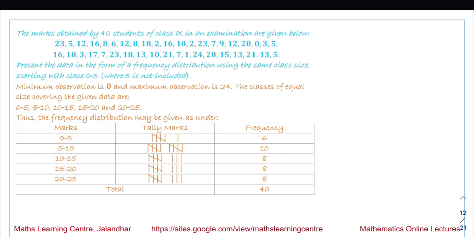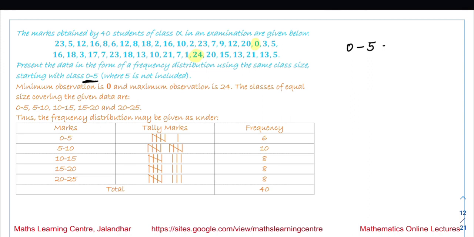The minimum value in this data is 0, and the maximum value of the observations is 24. You can see from this data that the minimum and maximum values are 0 and 24. So the classes of equal size covering the given data start with 0 to 5, because this is given to us as the first class.